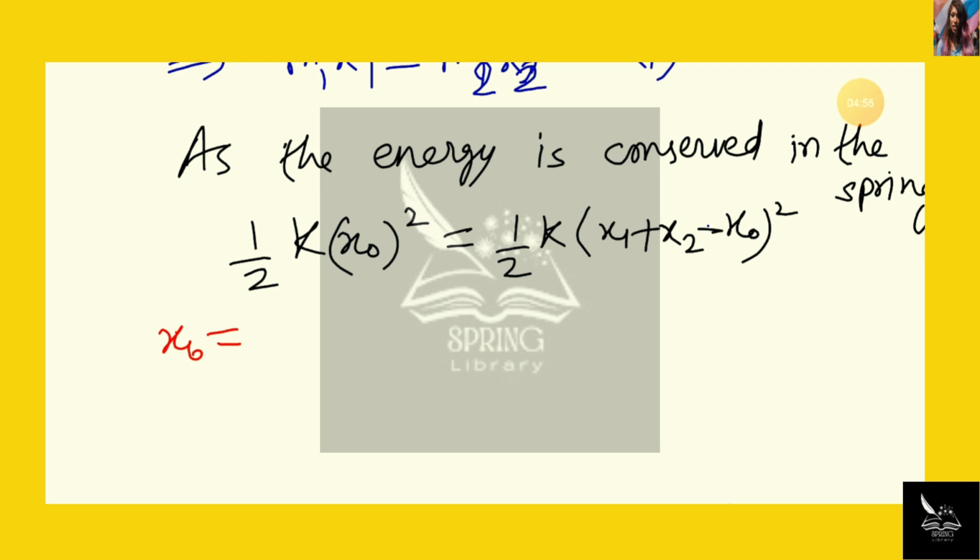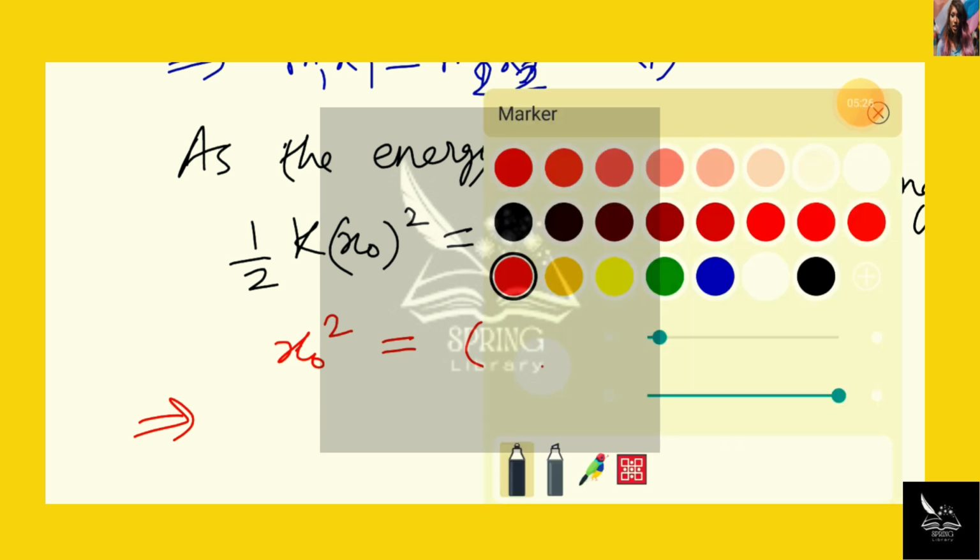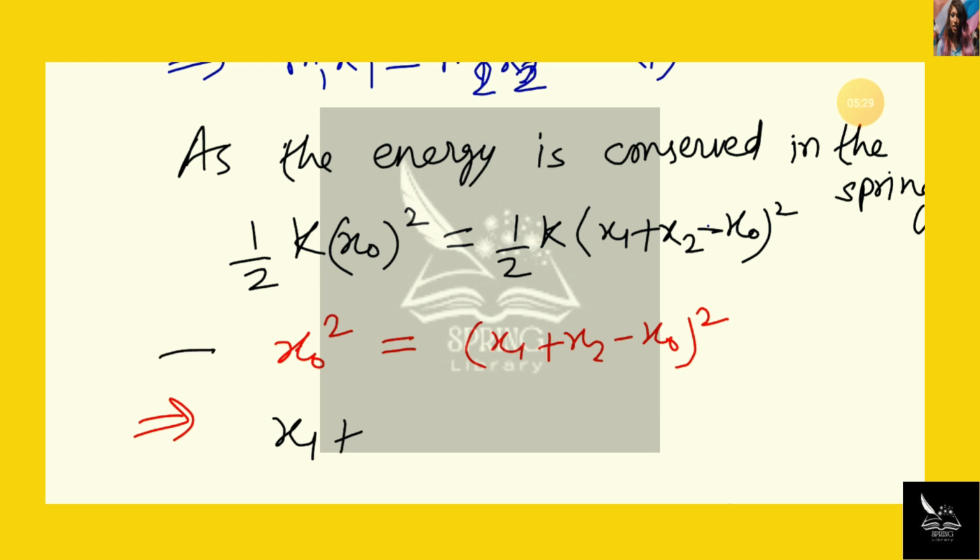The next step is to simplify it by dividing both sides by half k, so x naught square is equal to (x1 plus x2 minus x naught) whole square. Now take the square root on both sides and simplify it, then the final result is x1 plus x2 is equal to 2x naught. So this is equation number 2.